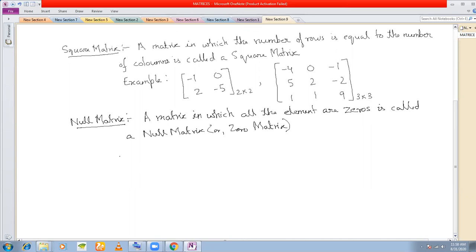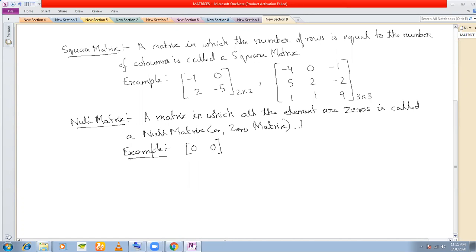Example of a zero matrix or a null matrix. A zero matrix may not necessarily be a square matrix.